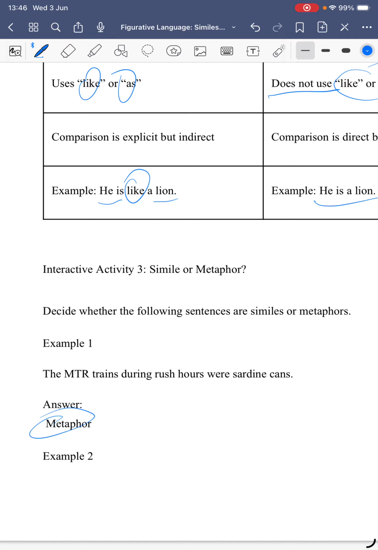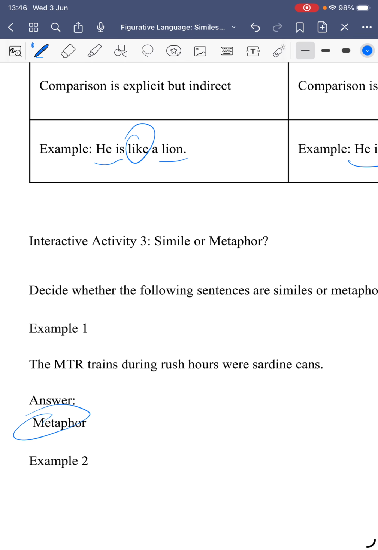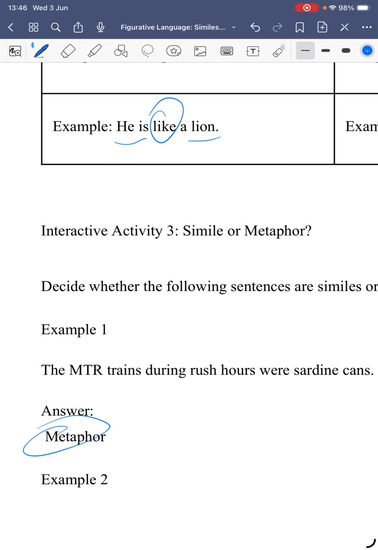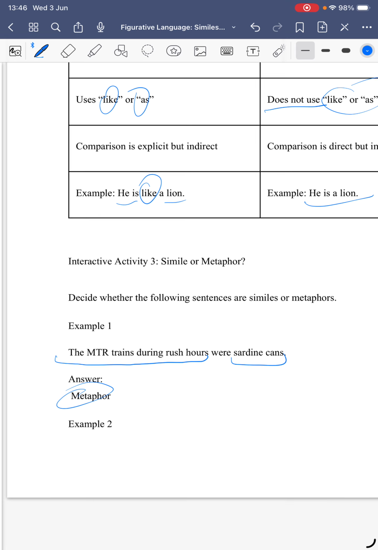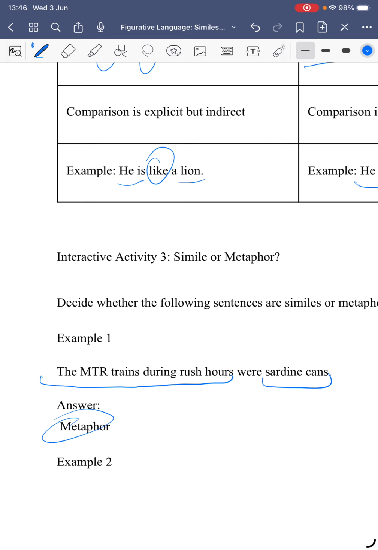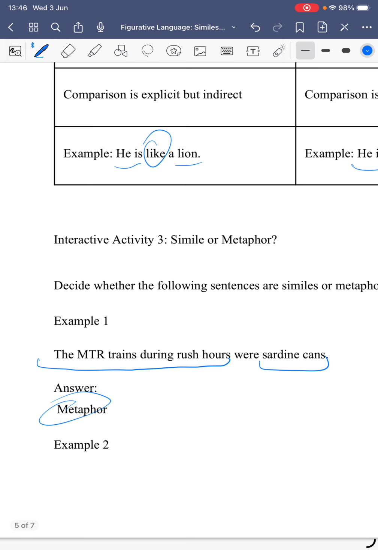In this example, there isn't any. The subject is the trains during rush hours, and the object, sardine cans. Sardine cans are crowded, right? Because we pack as much as we have into the little can. So it means that the trains during rush hours were very crowded.